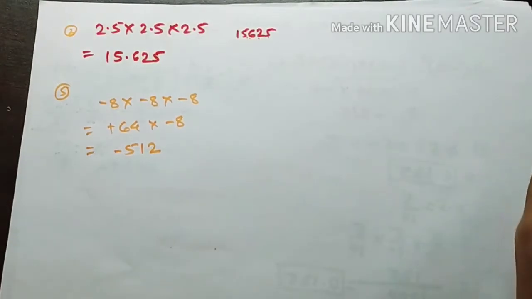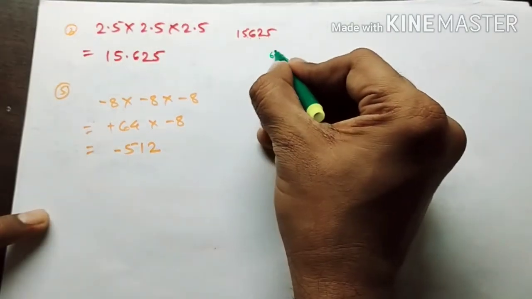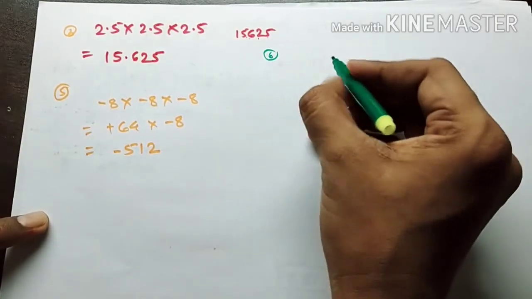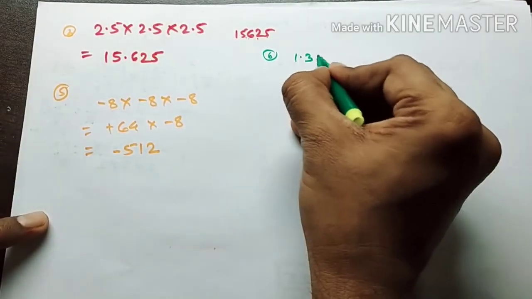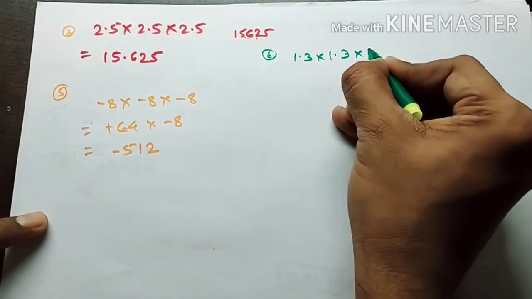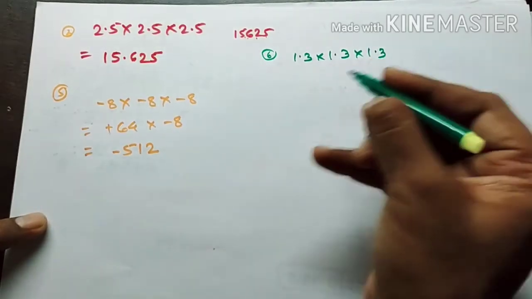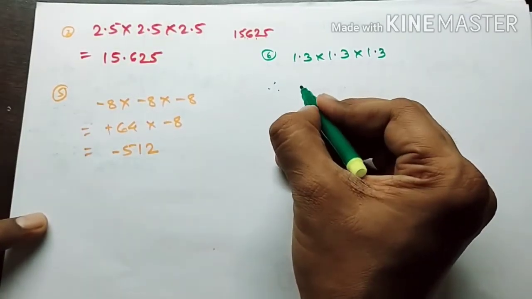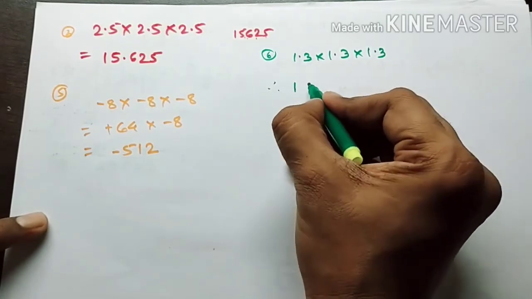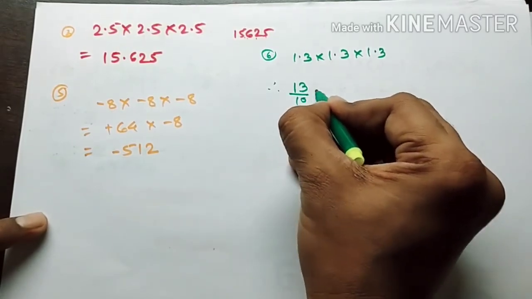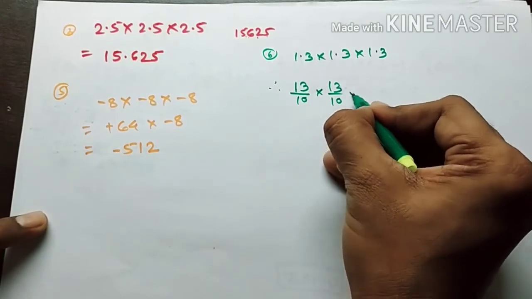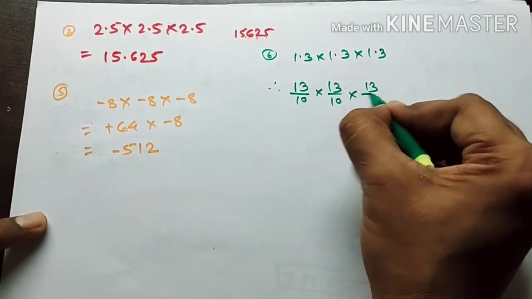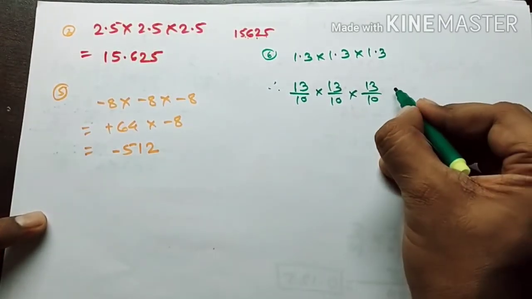Now take another example. 1.3 into 1.3 into 1.3. This method is also useful here. 13 upon 10 into 13 upon 10 into 13 upon 10.